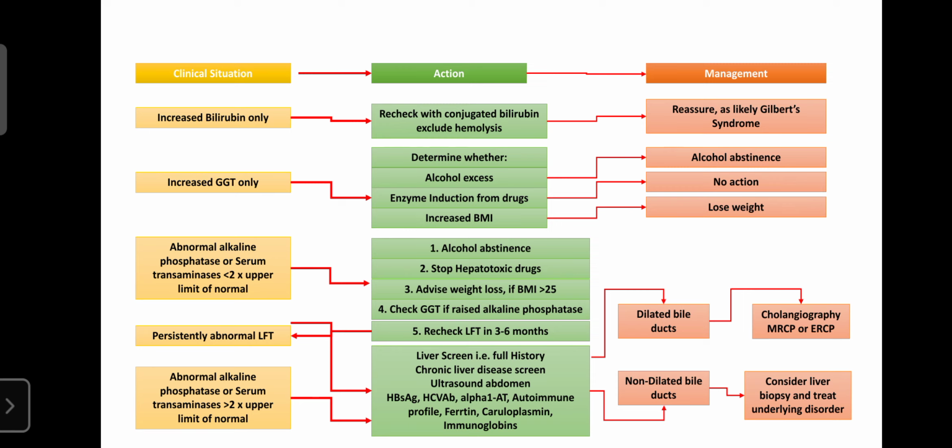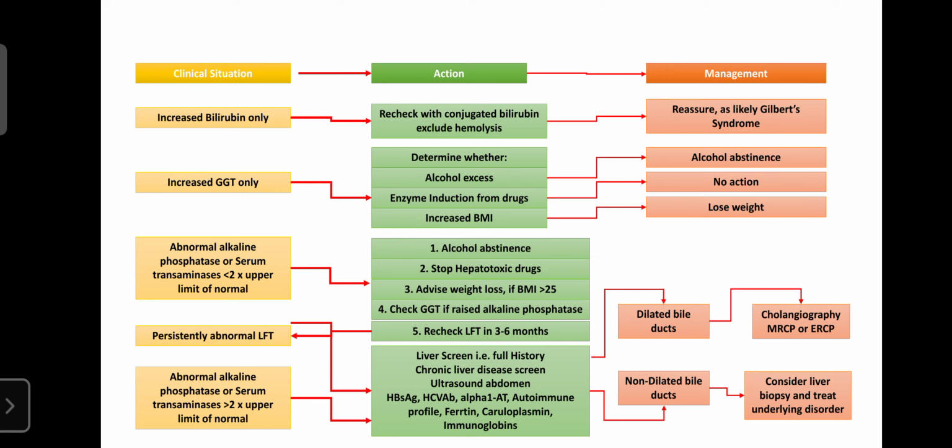If it is just less than 2 times the upper limit of normal, then you can check whether he is alcoholic, or using hepatotoxic drugs, or overweight, and then advise to lose weight. Check the GGT, whether it is raised along with the alkaline phosphatase, and recheck the LFT in 3 to 6 months.